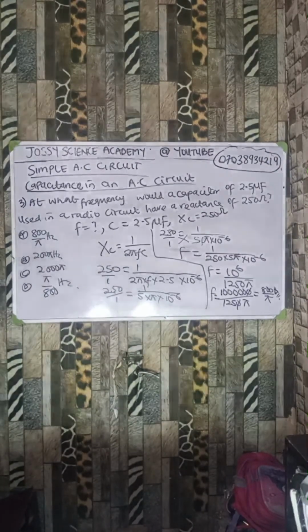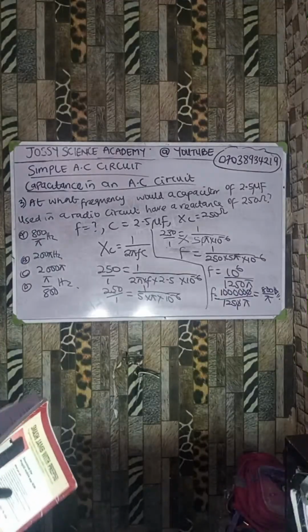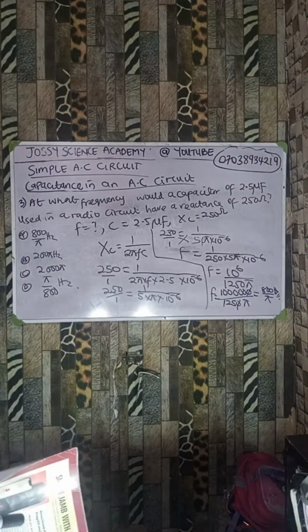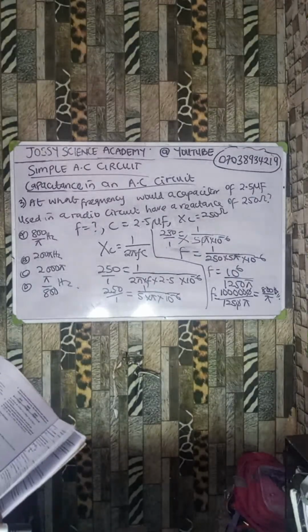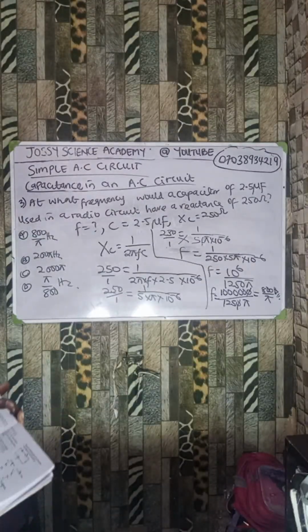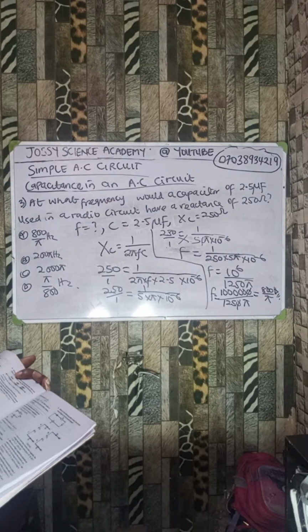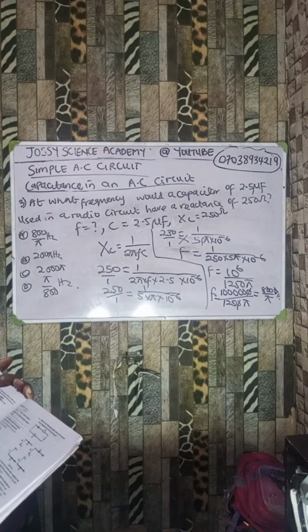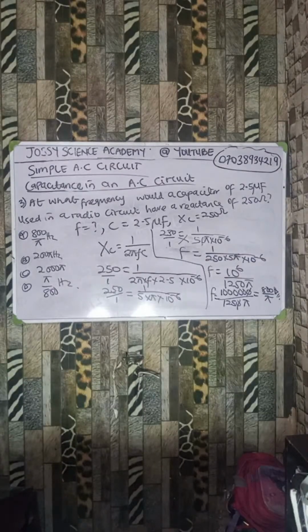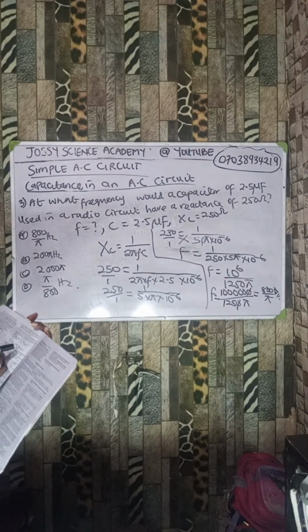But from your Pre 50, you have an assignment. Work on it and get back to me on WhatsApp if you have any issue or challenge doing them. From your Pre 50, go to the topic AC circuit. Look at the content, go to AC circuit, okay?